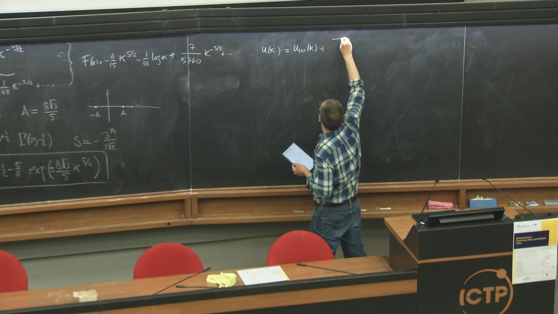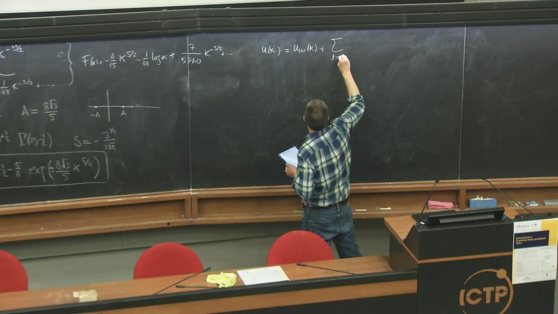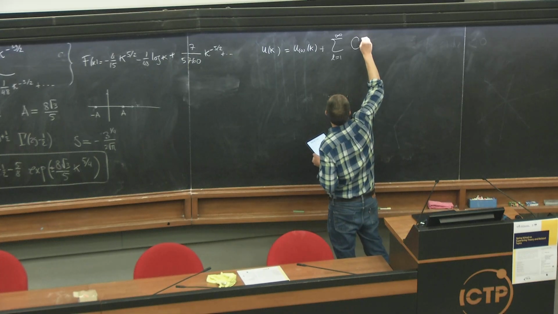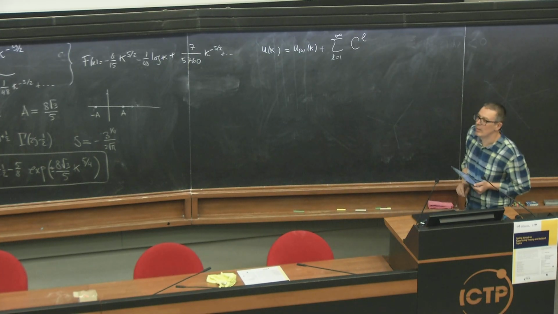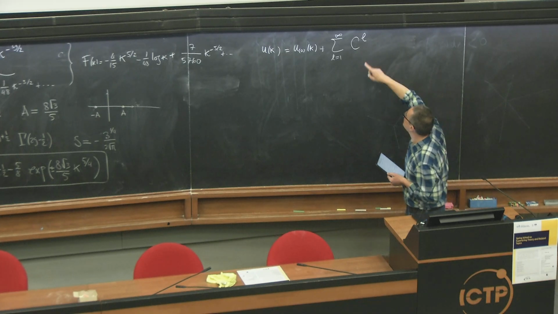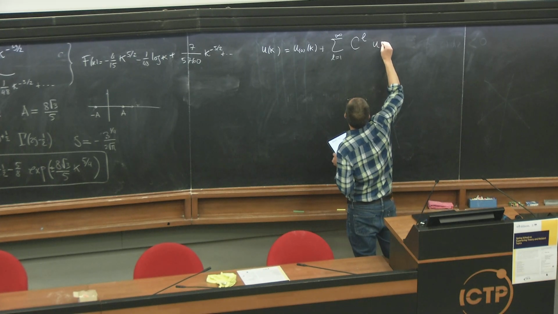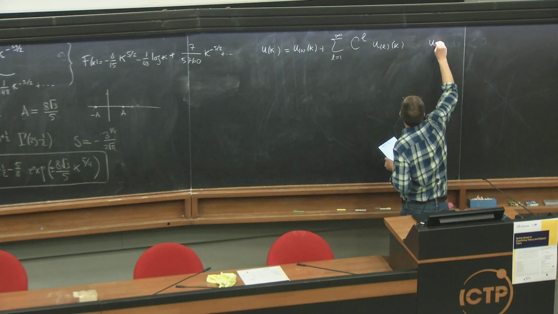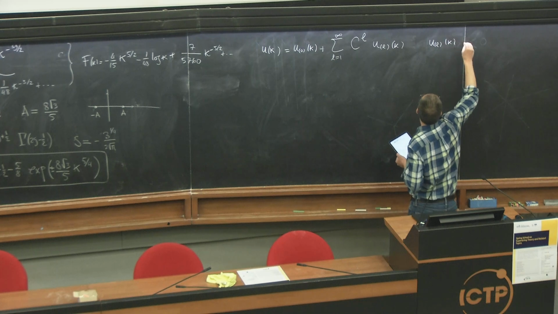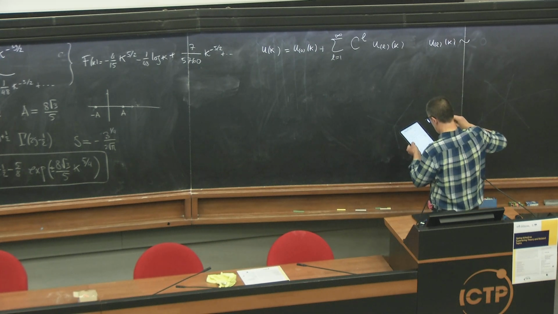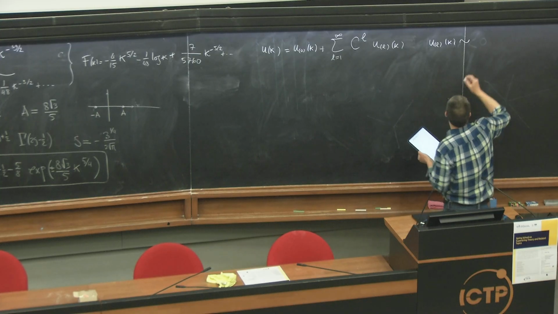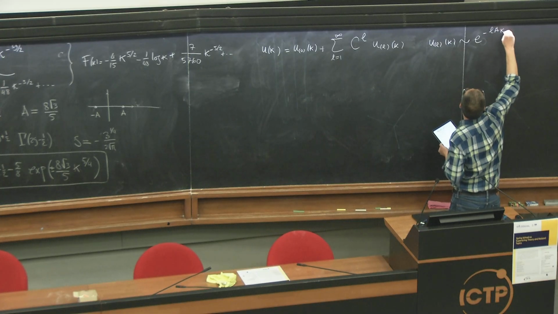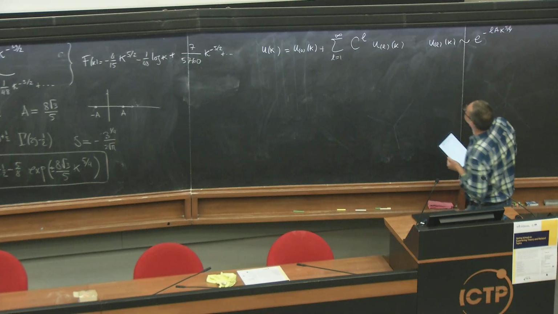And now let me write something that I'm going to call a trans-series ansatz. So I'm going to take a linear combination in which I will have powers of C, okay? And here, I want to assume that u_L of kappa goes like e to the minus LA kappa to the 5/4, okay?